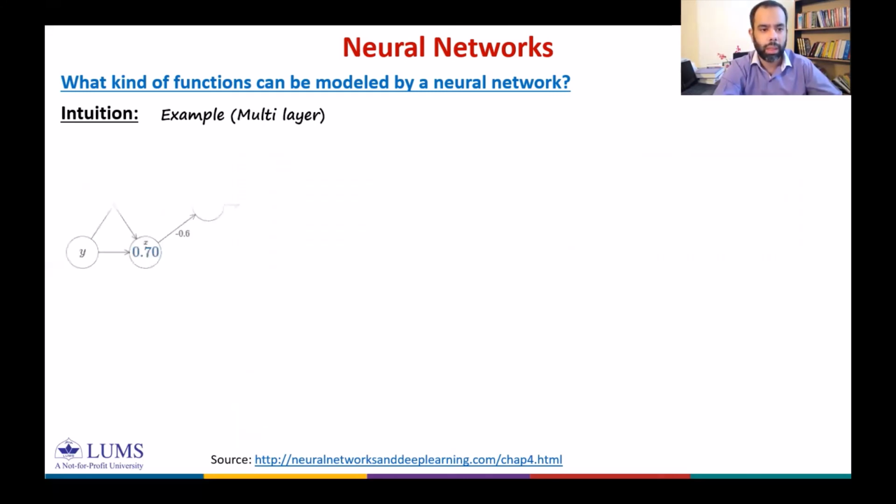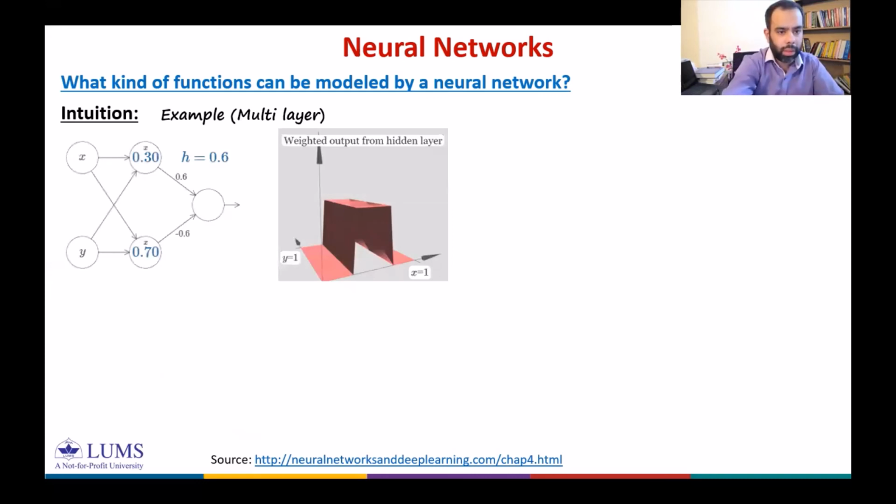We know that if we use two layers of perceptrons, we can achieve something like this. Here I'm using X and Y, and this is being fed here, and this is being fed here. If I assume the weight for Y is equal to 0, then due to this 0.30, I get this transition along X, and for 0.70, I similarly get a step-like transition, which is something like this.